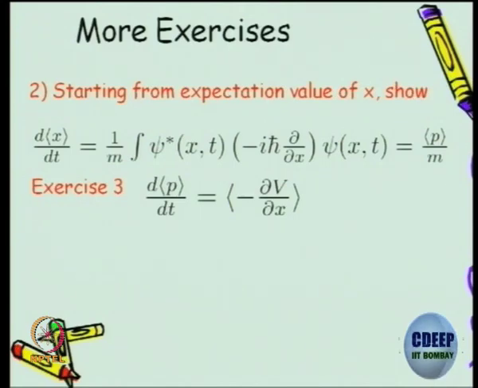Exercise 3 is also familiar to you. If you are in the presence of a potential energy, the force law will be the minus gradient, conservative potentials. If you have, the force will be proportional to minus gradient V. Everybody knows that, right? Classical. But now, in quantum physics, your expectation values have to satisfy the equation. So, please verify these things using this formal definition of how one writes the expectation value.